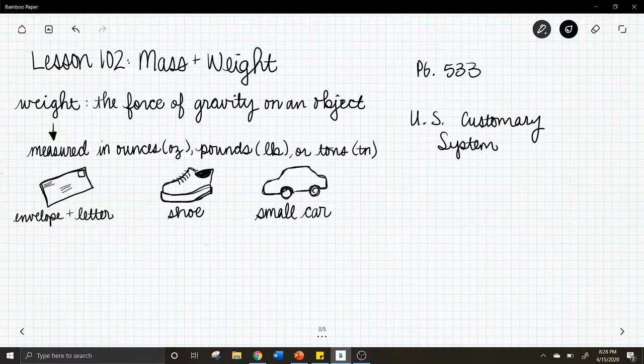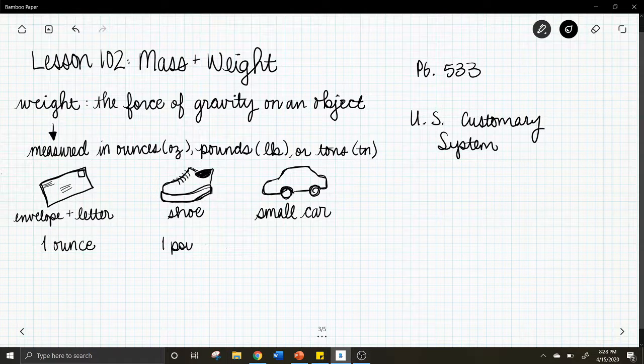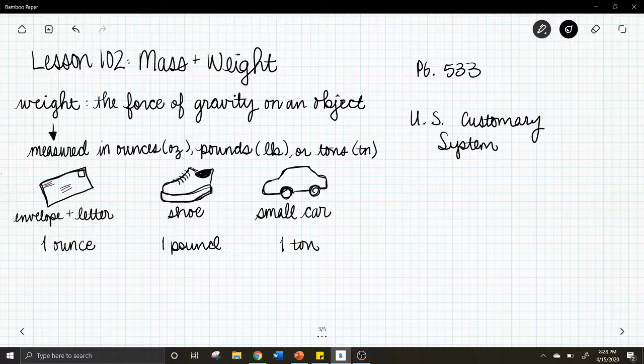So, for example, we have an envelope and a letter, and we're going to say that's about 1 ounce. A shoe we'll say is 1 pound. And a car we'll say is 1 ton. Now the conversion units for weight are going to be a little different than they are for mass. They're not going to be as nice and neat.